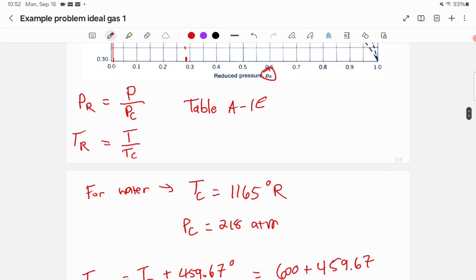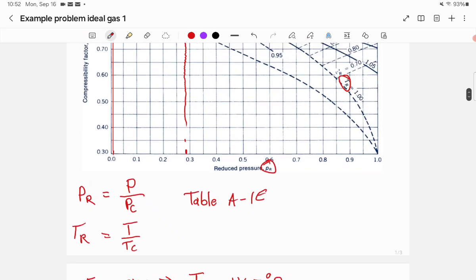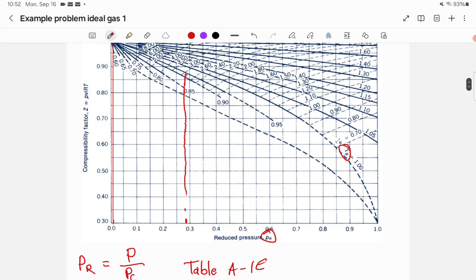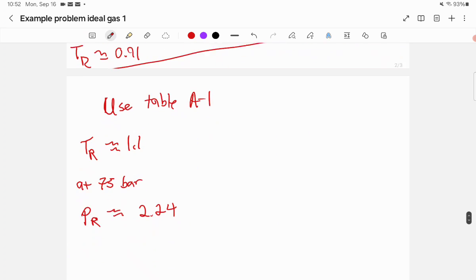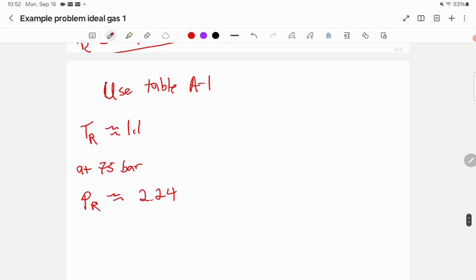It goes way off onto the next chart. But if you go onto that other chart, what you find is that Z is approximately equal to 0.42, which is obviously a long ways away from 1. That's a big difference. So not applicable.